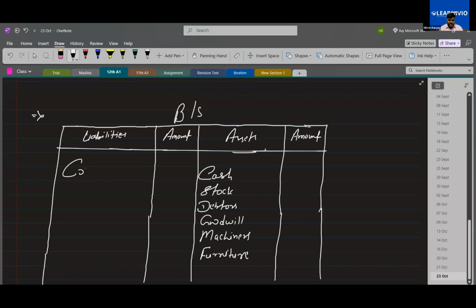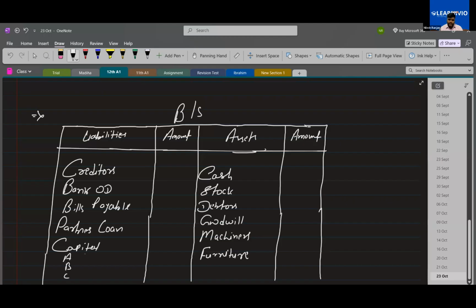And on the liability side, there can be creditors, bank overdraft, bills payable, partners loan, and then capital of partners like A, B, C, all the partners' capital can be given. So this is the balance sheet.